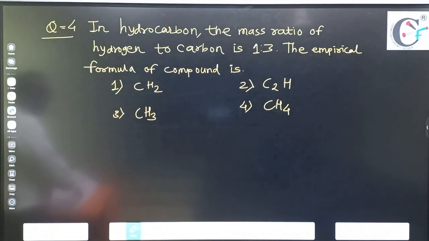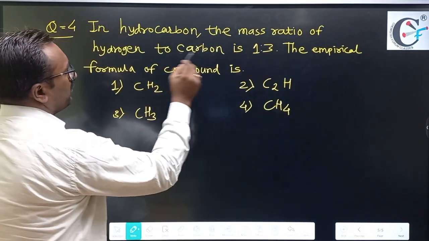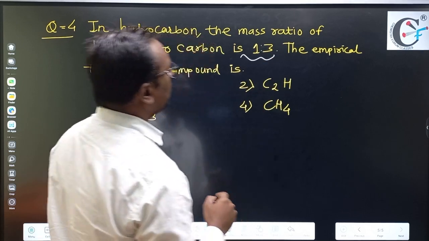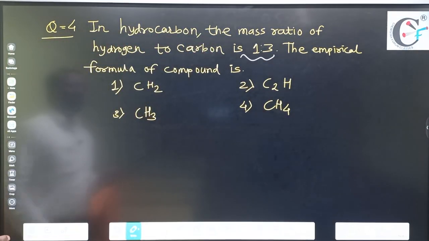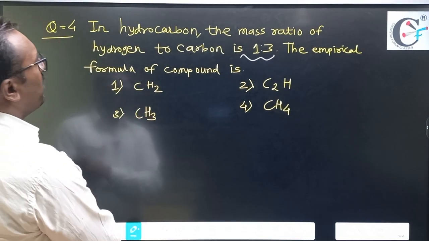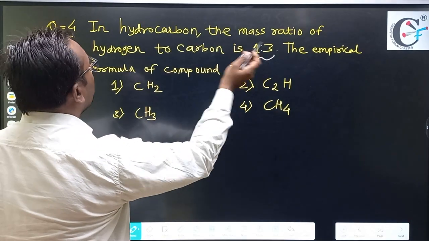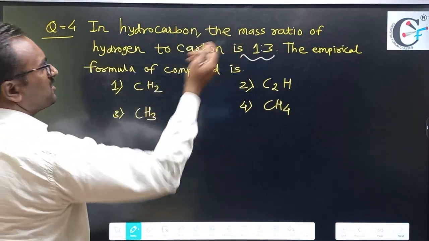Options are given here. In a hydrocarbon, the mass ratio of hydrogen to carbon is 1:3. What is the empirical formula of the compound? Very simple: the hydrogen part is 1 and the carbon part is 3.